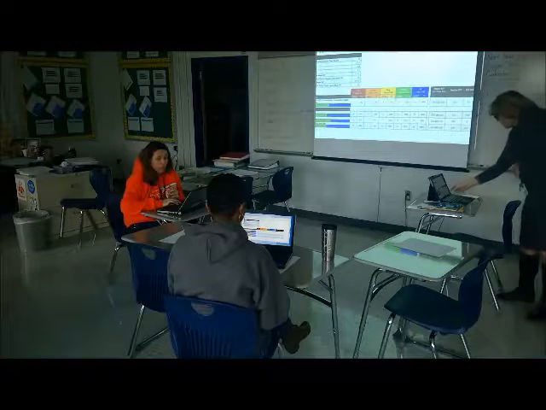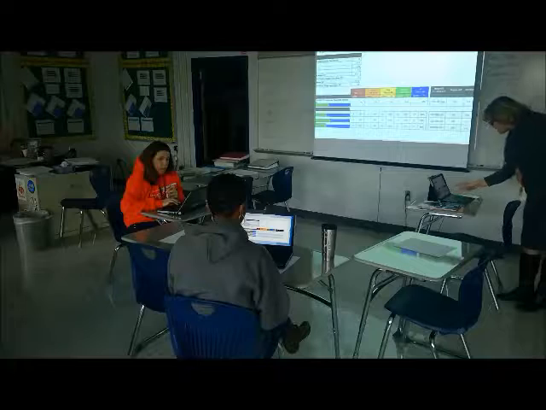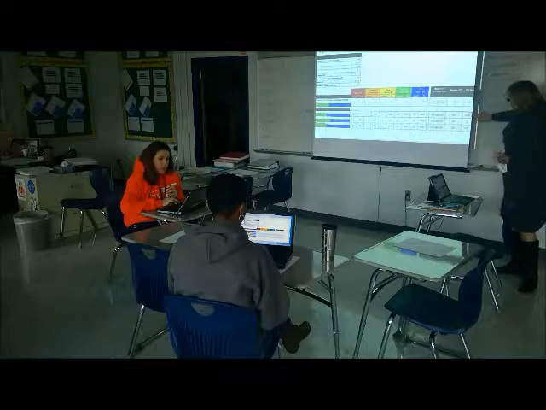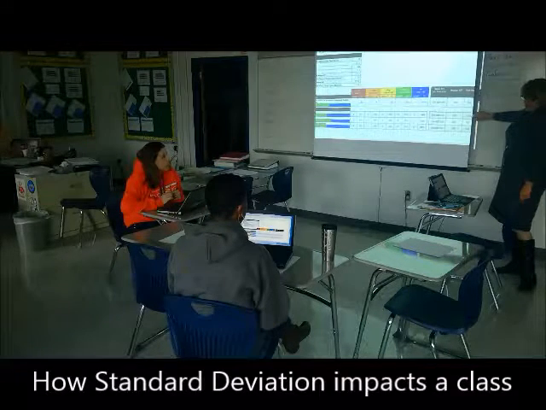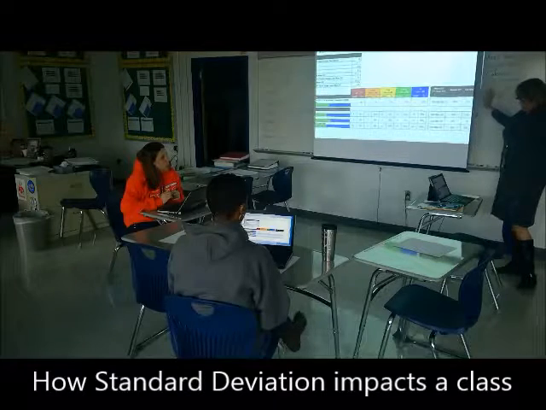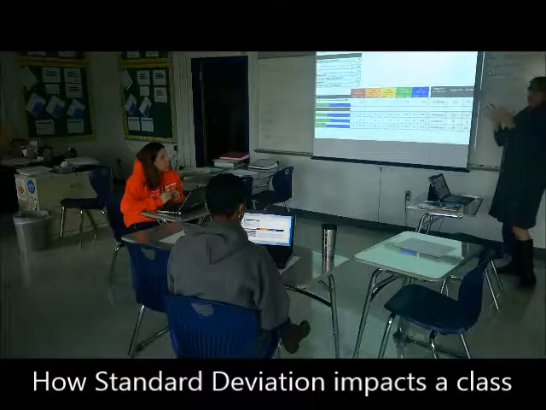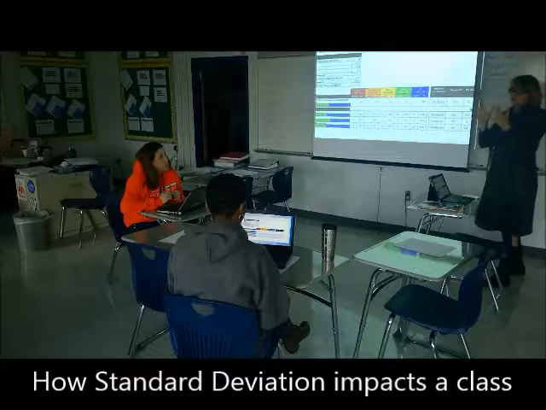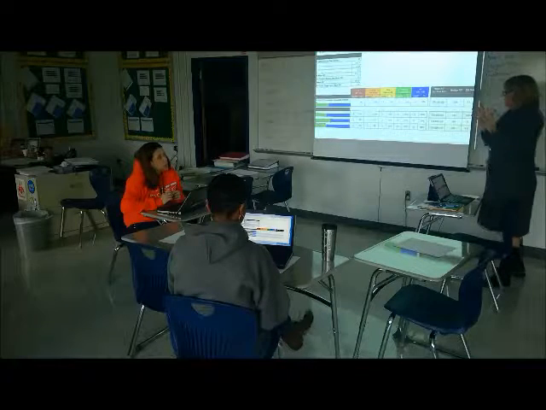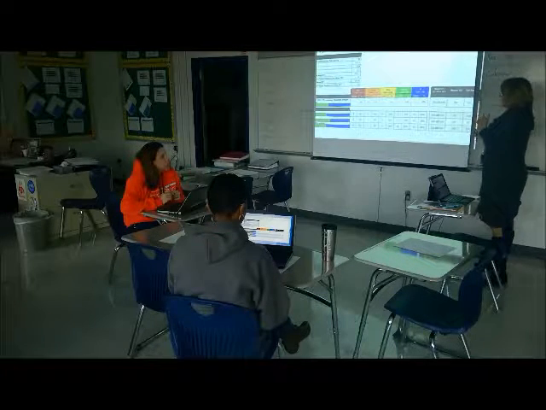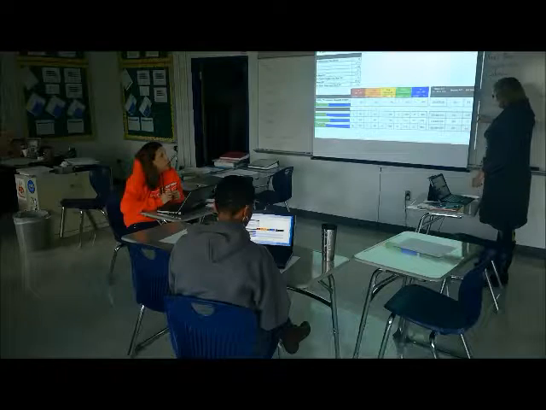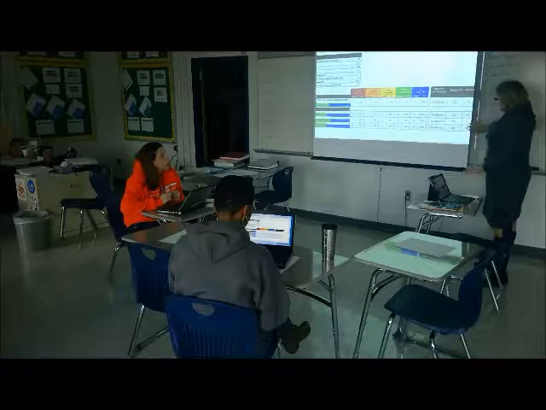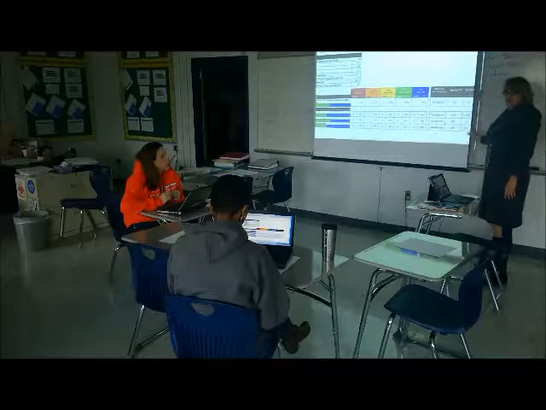And then it gives you a breakdown of the standard deviation. The higher the standard deviation, the farther apart your students are. The lower the standard deviation, the closer they are in their academics, understanding. Okay, so you see, there's not really a high standard deviation here.